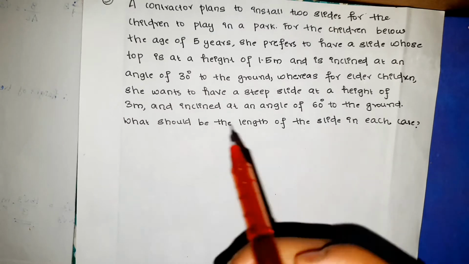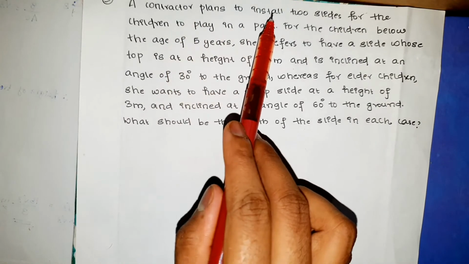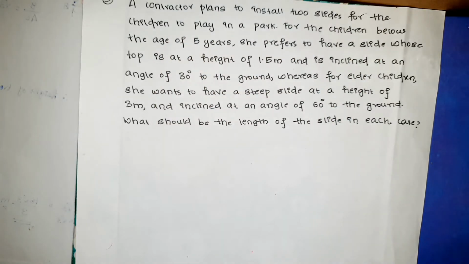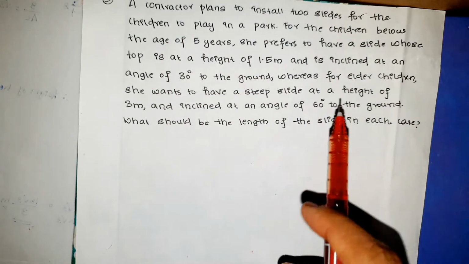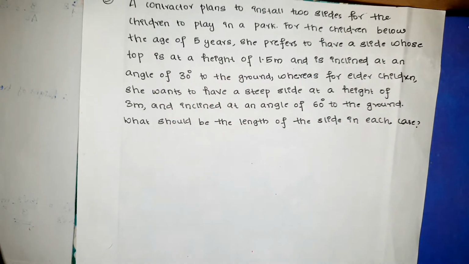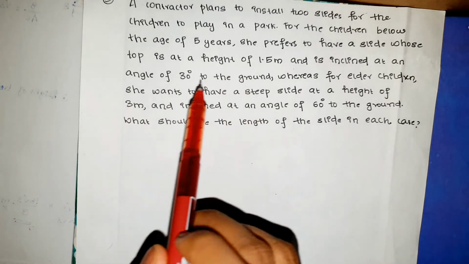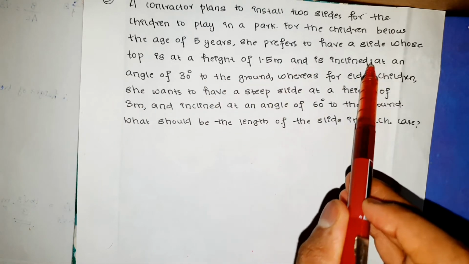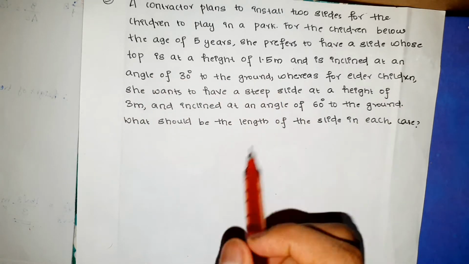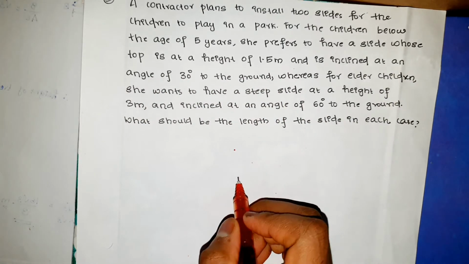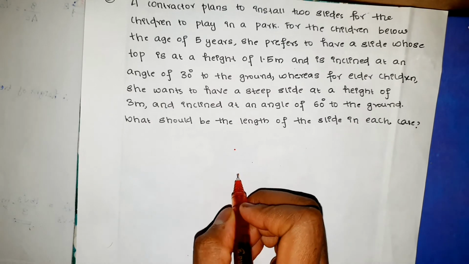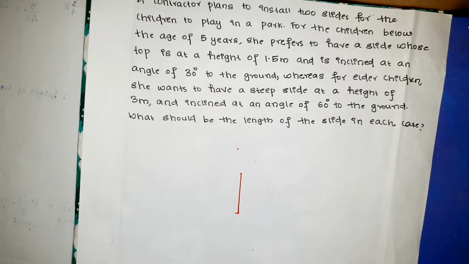First, a contractor plans to install 2 slides for the children to play in a park. That part is clear. For the children below the age of 5 years, she prefers to have a slide whose top is at a height of 1.5 meter. So, for example, this is the slide for the children below the age of 5.